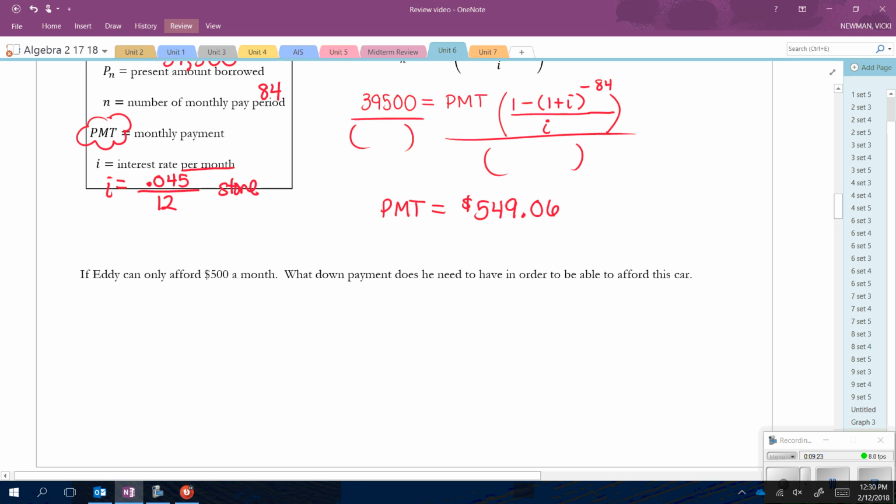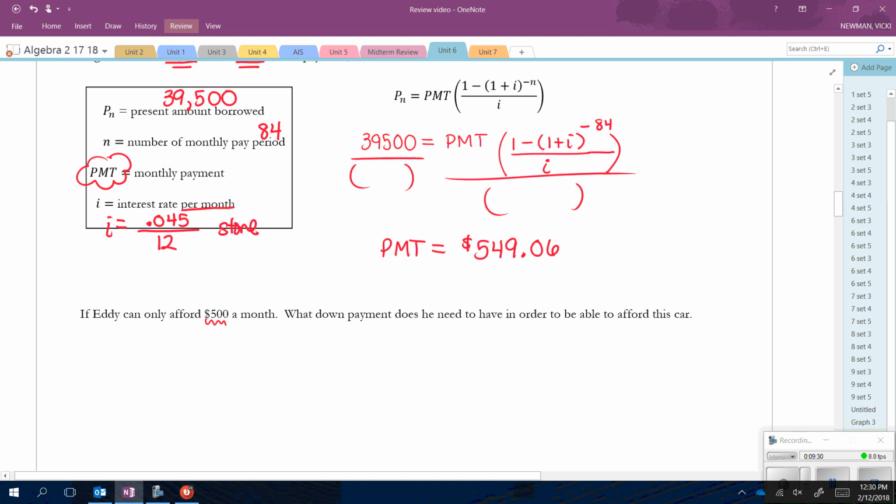Okay. So Eddie says that, you know what, the 550 is a little steep. What if I can only do 500? Okay. What down payment does he need? Well, what that's saying is not really the down payment, but how much can he borrow? What amount can he borrow? So P of n.